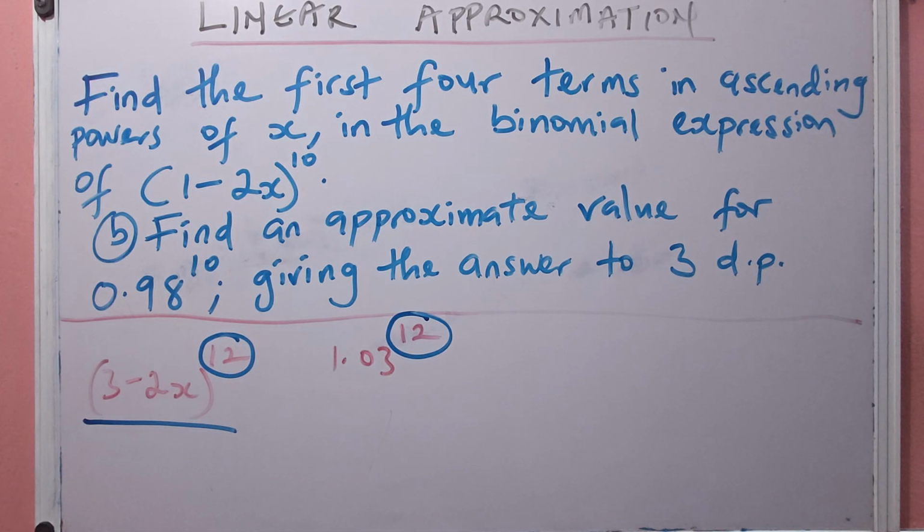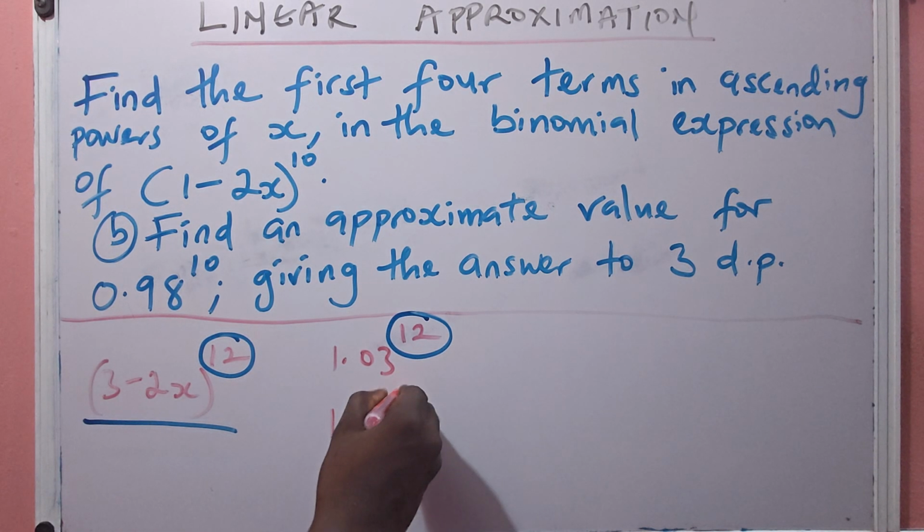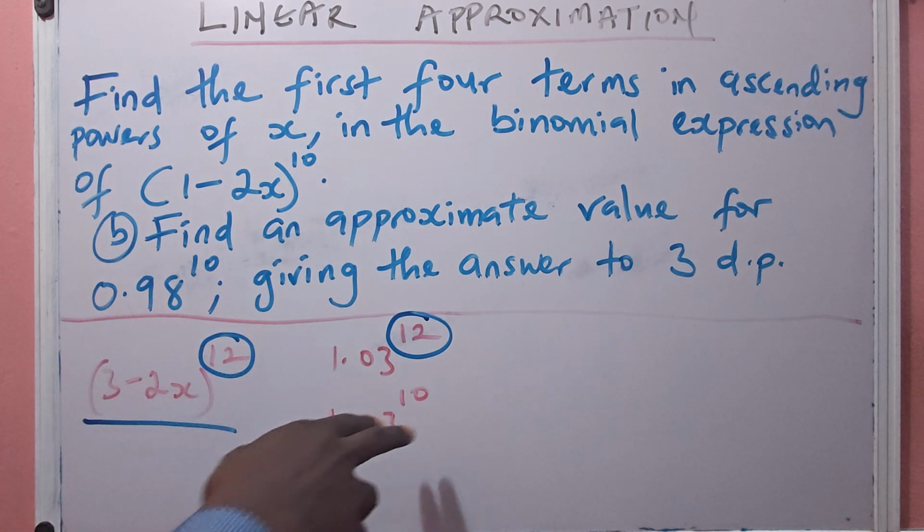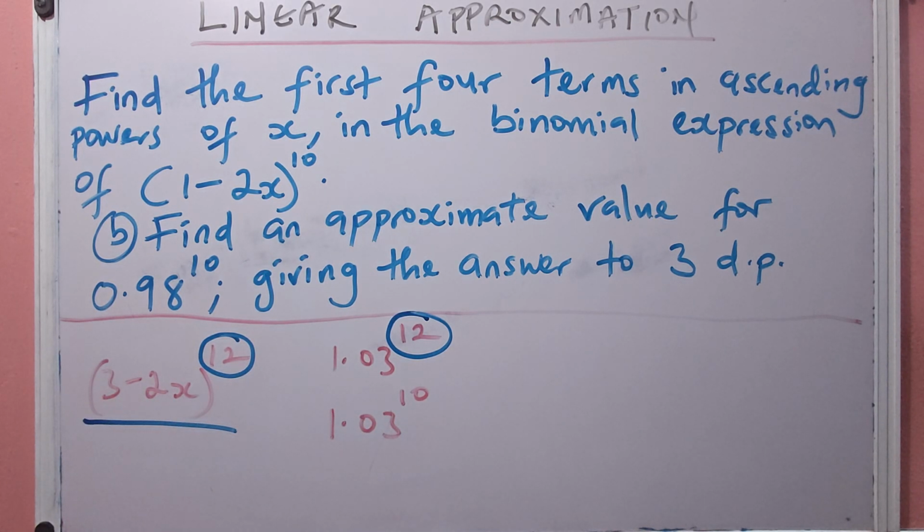So take for instance, you were given (3 minus 2x) raised to the power 12, and you are told to use this to find 1.03 raised to the power of 10. This will be impossible. So this doesn't work. The general concept is that you must have the very same power, and you will understand the reason why very soon.